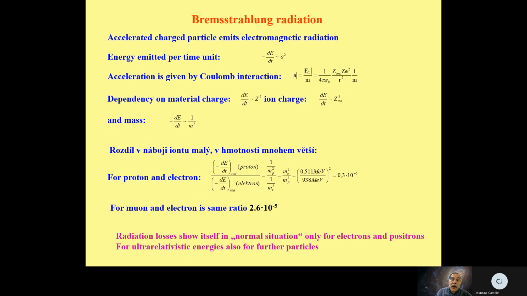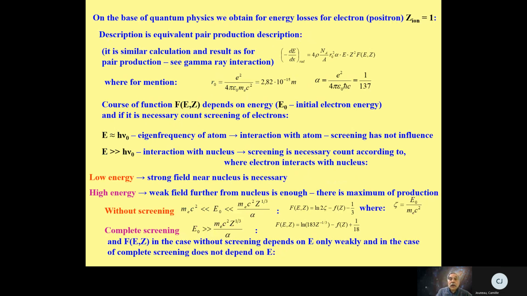Because these radiations increase with the energy of the particle, and if the particle has velocity nearer and nearer to the velocity of light, this Bremsstrahlung radiation will start to increase. For muon, at very high ultra-relativistic energies, the influence of Bremsstrahlung radiation starts to appear.